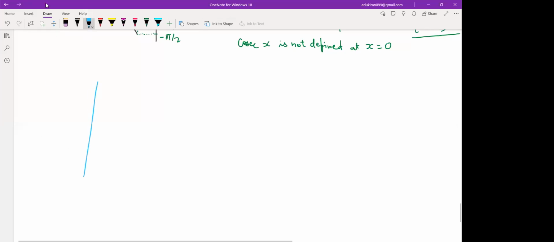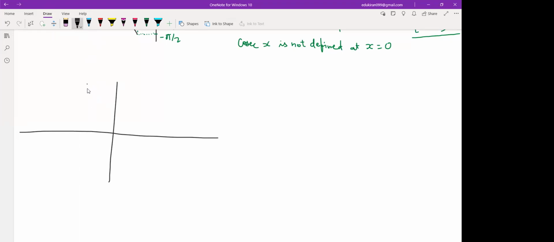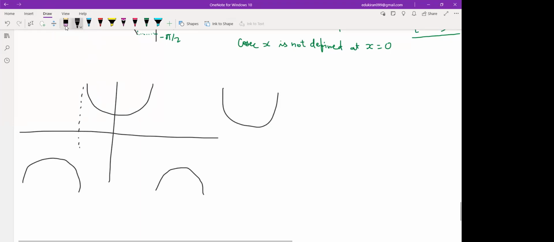So sec x graph, as we know, is again like cosec x, but shifted by pi by 2. So it is like this, and like this, and like this, and like this. And this is the line where it is not defined.